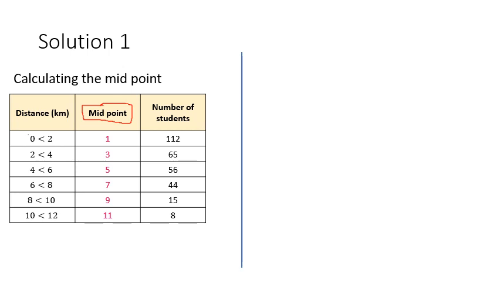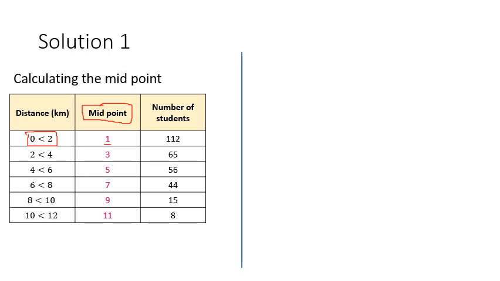The midpoint is exactly halfway between the endpoints of each of the groups. So exactly halfway between 0 and 2 is, of course, 1. Exactly halfway between 2 and 4 is 3, and so on.